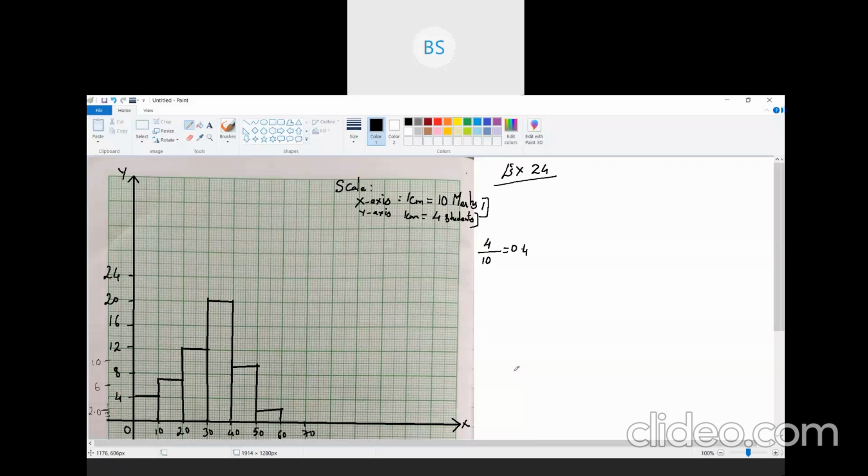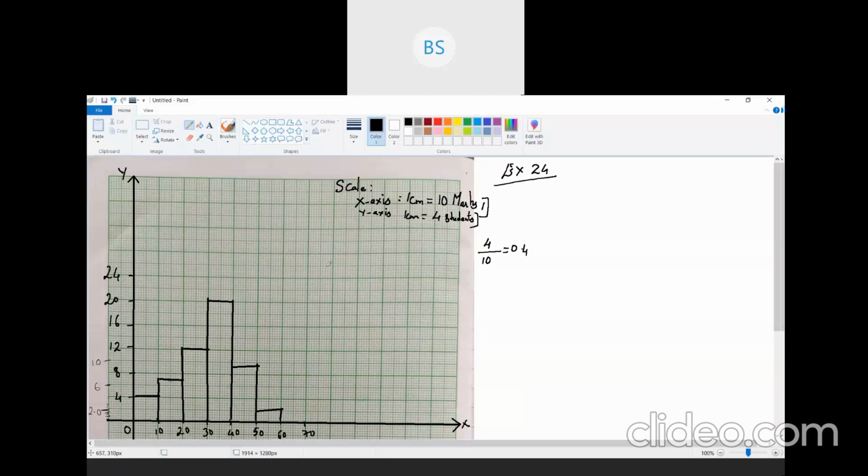Now, as we can see in question number 3, the class interval is 5 to 12, then 13 to 20, 21 to 28, and so on, right? So, we can see the upper limit of the first class interval and the lower limit of the second class interval are not continuous or not equal.